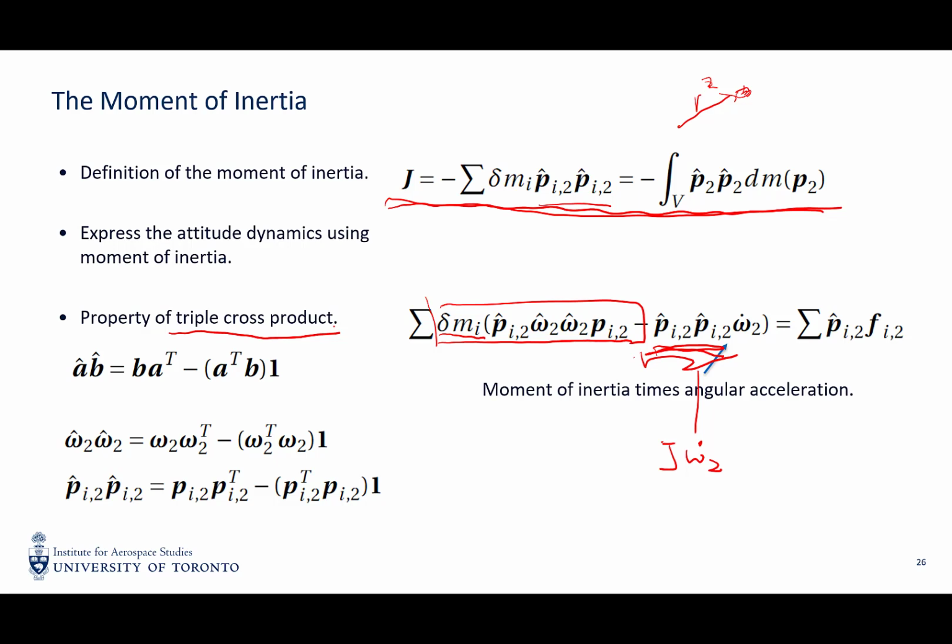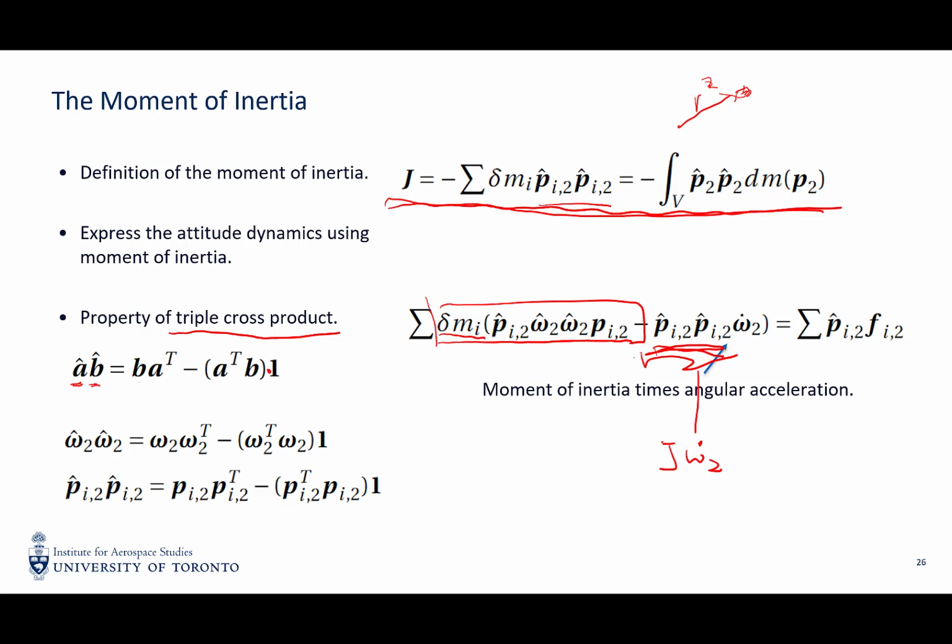I introduced it at the beginning. For two skew symmetrical matrices multiplied together, the product of A hat and B hat equals B times A transpose minus A transpose times B times an identity matrix.